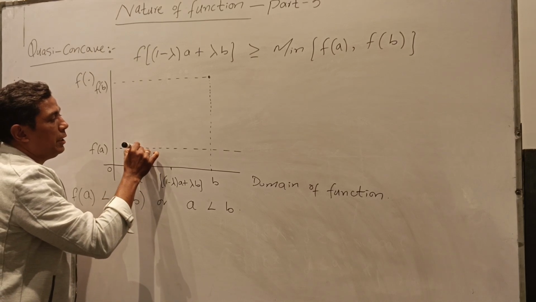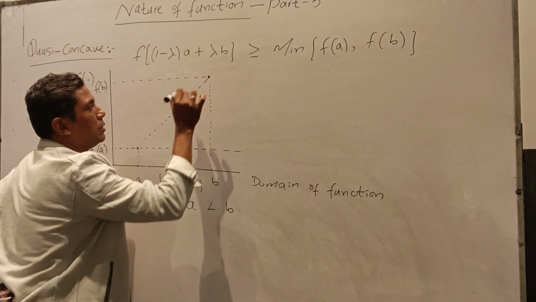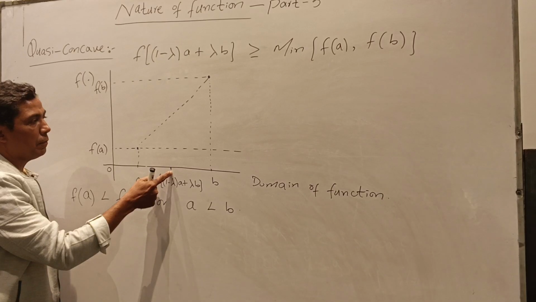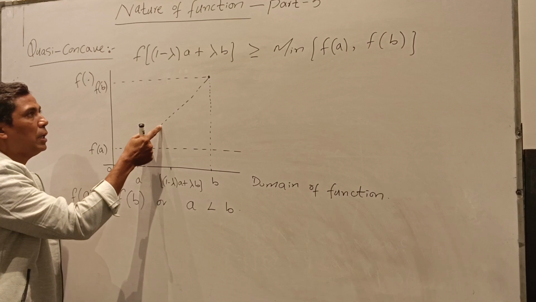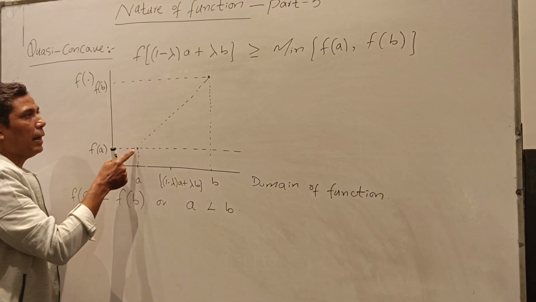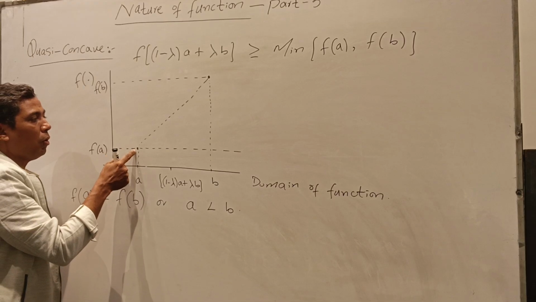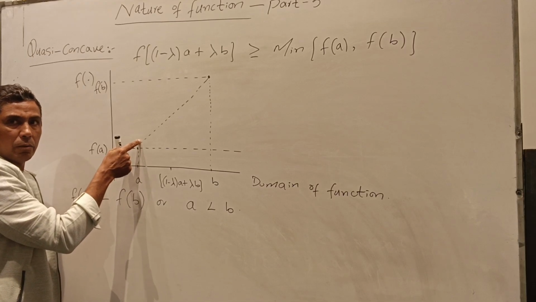If we have the values in this region, put here and get any value. It will be greater than or equal to the min of this one, right?